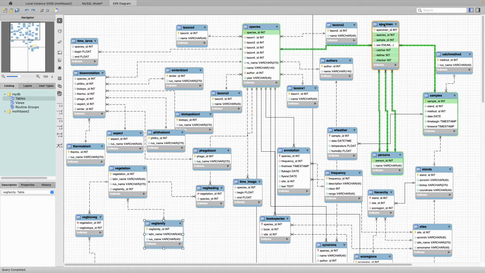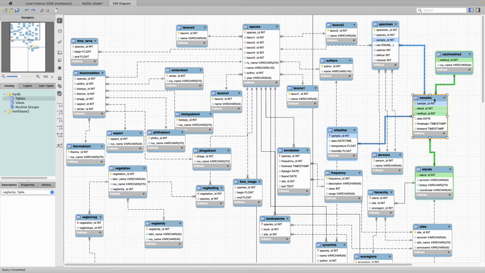The main table, specimen, includes information about specimen ID, species ID, what it belongs to, sample ID, where it was caught, information about gender, and information about the person who caught, defined or checked this specimen.